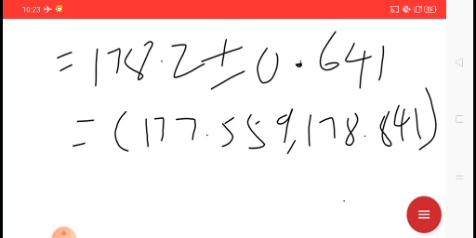Part 3. The question says, what is the probability that the 80% confidence interval does not contain the mean?